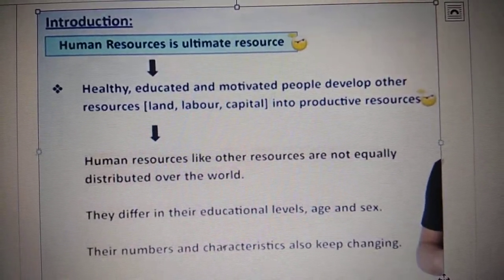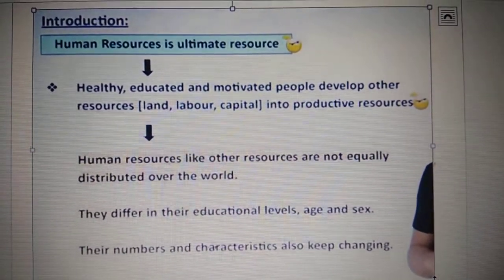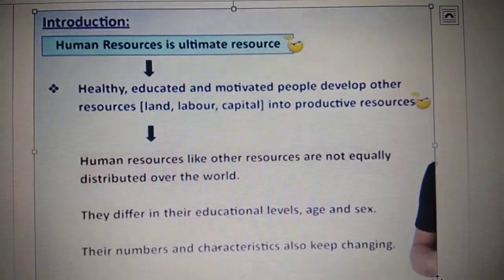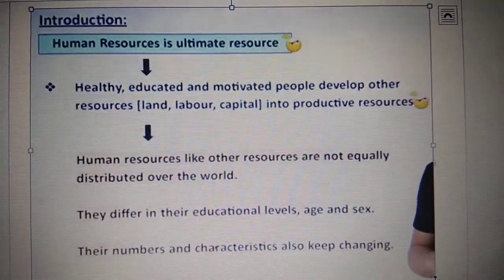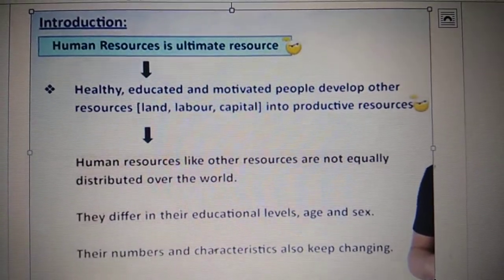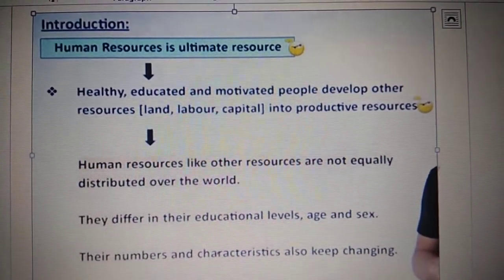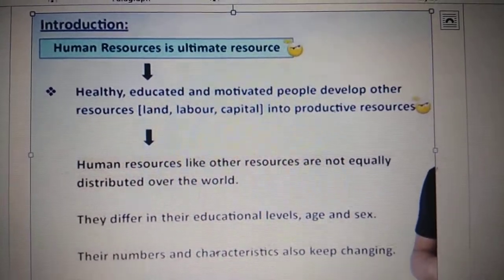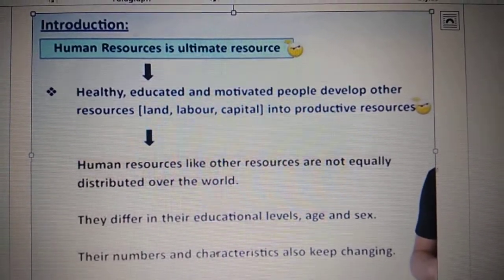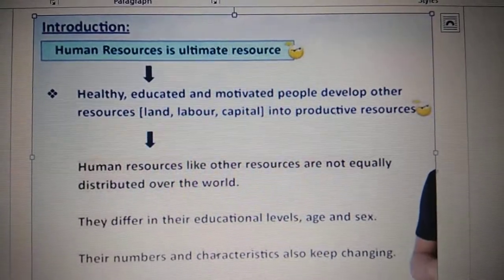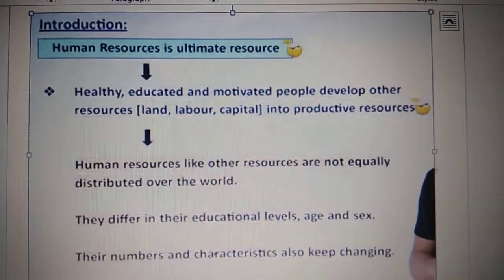Okay, so if a nation has to become developed and great, it must have a healthy, educated, and motivated human resource so that they take out the natural resources and make them more productive for the people.